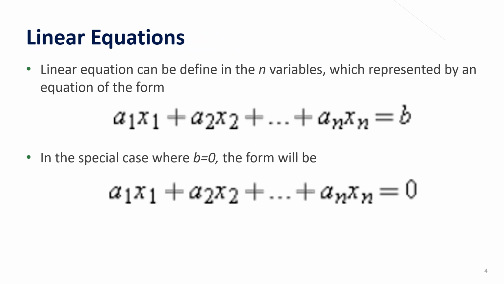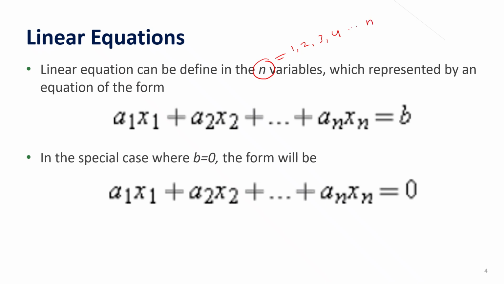So what if you have more than three variables? Here, you can still consider that as a linear equation, which can be defined with n number of variables, where n can be 1, 2, 3, 4, and many.